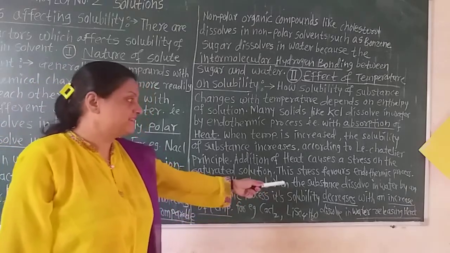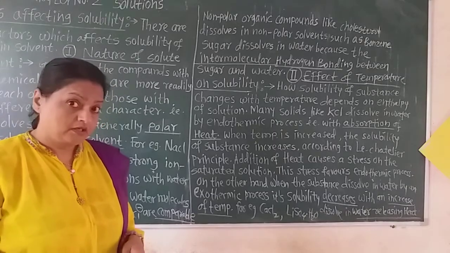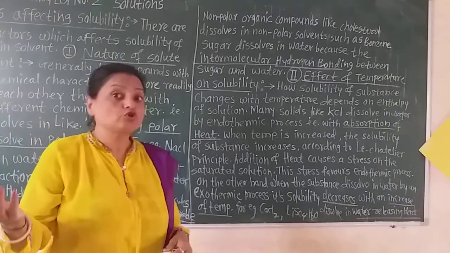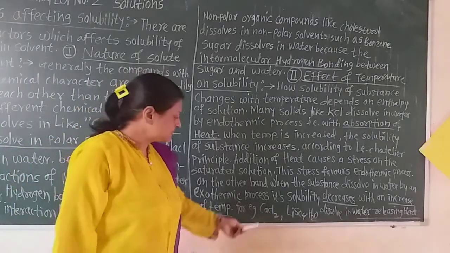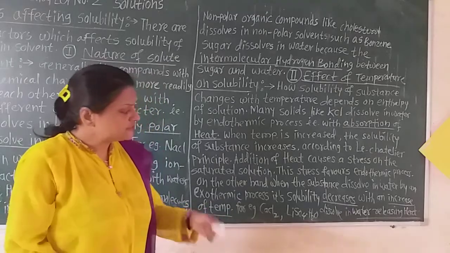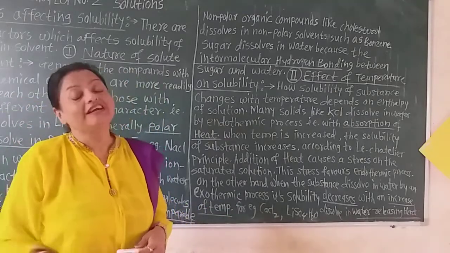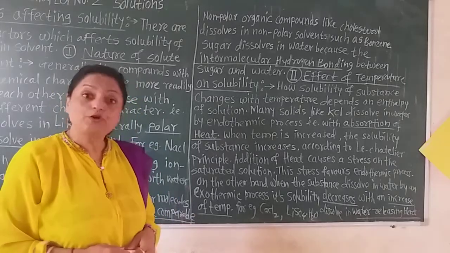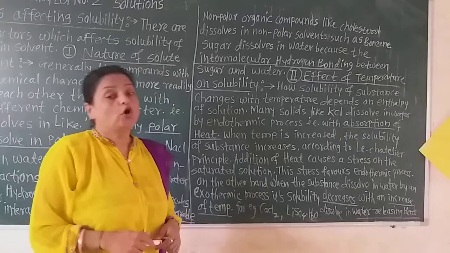Which are such substances whose solubility decreases on increasing the temperature? These are substances such as calcium chloride and lithium sulfate. These dissolve in water by releasing heat, by evolution of heat. Now this is the effect of temperature on the solubility of the substance.